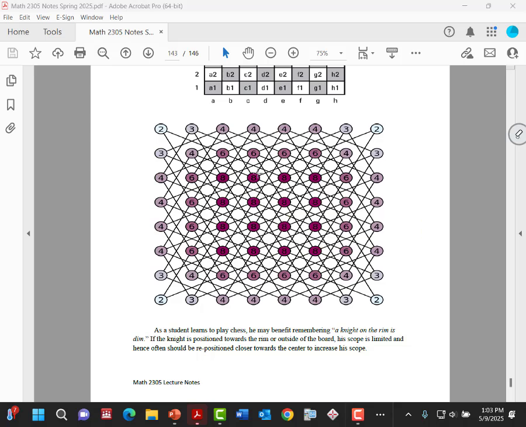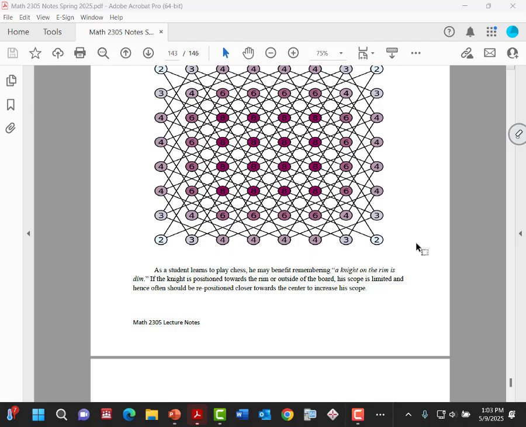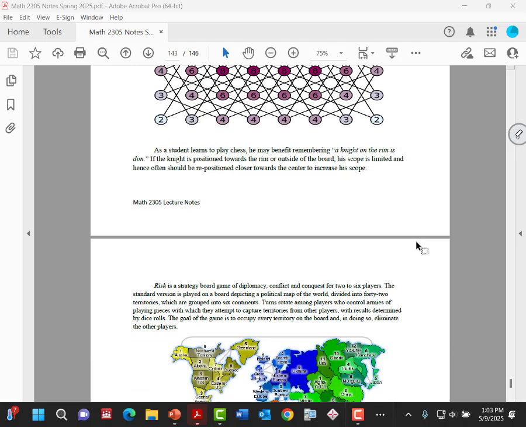The degree of these central vertices is 8, as opposed to 2, 3, maybe 4 on the perimeter. So a knight is more active in the center of the board. Cool stuff you can do with Hamiltonian graphs and cycles.